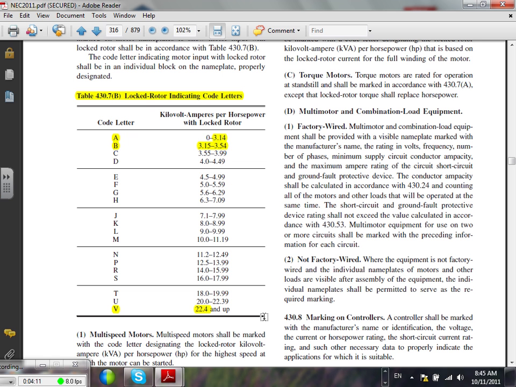What's the meaning of locked rotor? Locked-rotor current: if you grab the rotor and lock it and you turn the switch on. It's really not off, it's on, but the challenge with motors, guys, is that in order for motors to work, you have to have some type of rotation so you can draw current and convert it into mechanical energy.